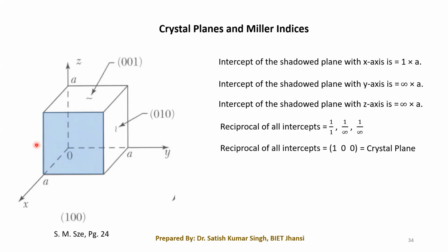I can also take a plane at minus a at this point, and again it will have the same behavior as this plane or this plane. Similarly, I can take another plane placed at minus z, and it will again have the same behavior, because of the crystal symmetry.